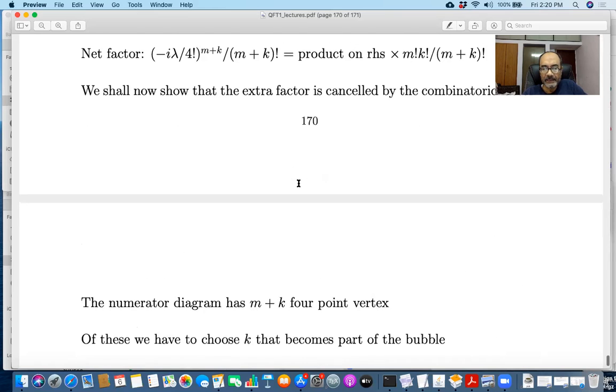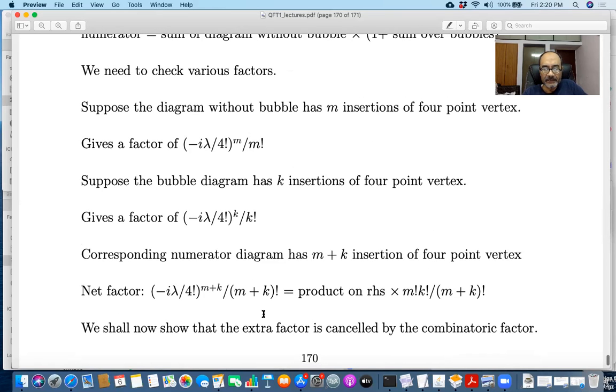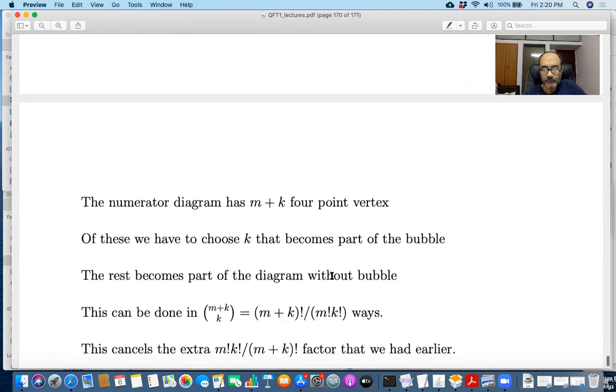Okay, remember that here the numerator factor had this factor missing, right? This numerator factor was given by this times the product. Now we say that the combinatoric factor of the numerator actually has m plus k choose k compared to the product of the other two.